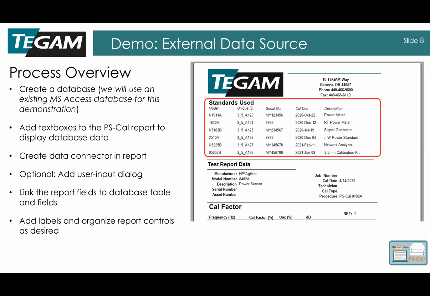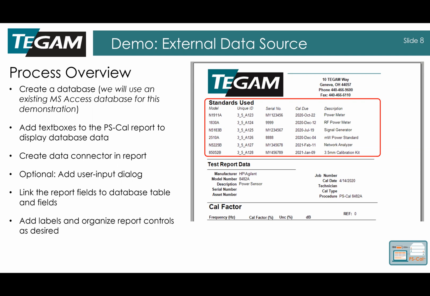There's also an optional feature, which I thought was pretty neat, so I wanted to include it here, and that is to add a user input dialog. In this particular case, and we'll see this when we look at the database, there are two tables in this database. One is for type N calibrations, and the other one is for 3.5 millimeter calibrations.